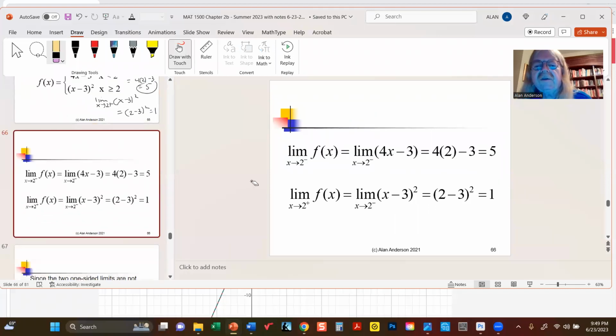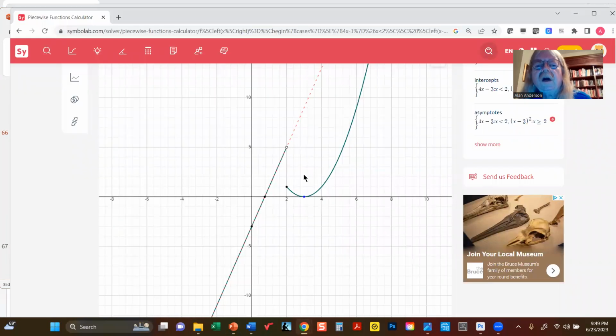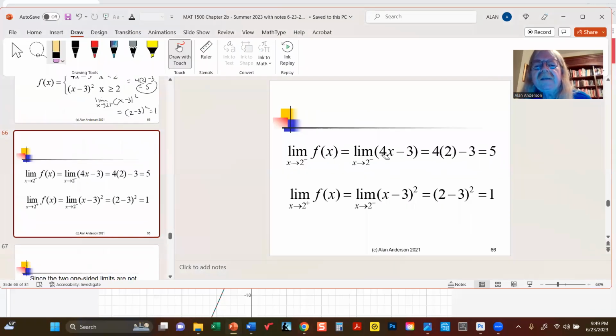So yeah, in the next slide, it shows you the calculations from the left-hand side. 2 negative is what that indicates. We're coming from the left, and that piece approaches 5 as x approaches 2 from the left. As we approach from the right, the function changes to x minus 3 squared. So as I get very, very close to 2, I'm going to wind up with 1.